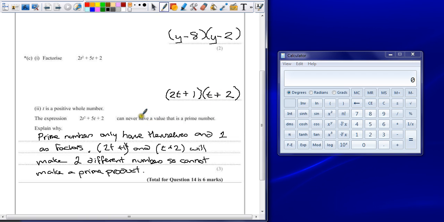You have to talk about the fact that prime numbers have no factors, and by being able to factorise this, you create a different number that isn't prime.